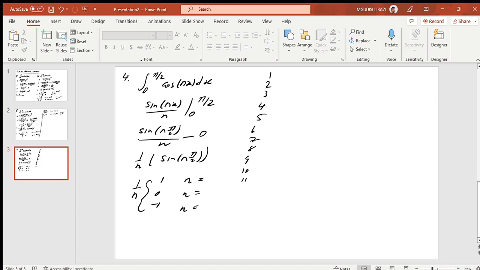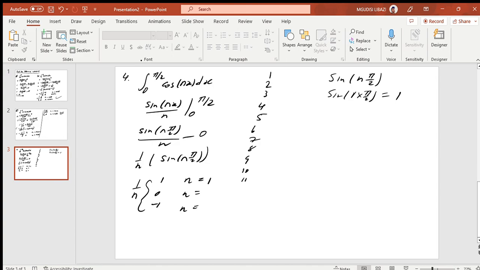If we substitute 1 into sine of n pi over 2, that is sine of 1 times pi over 2, and we get 1.